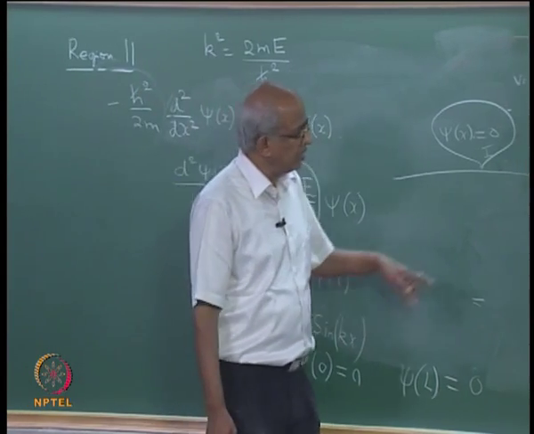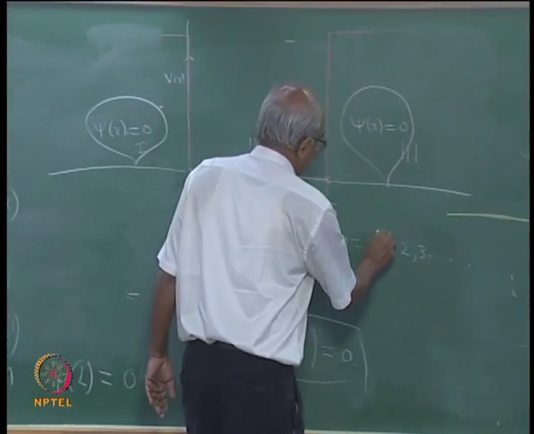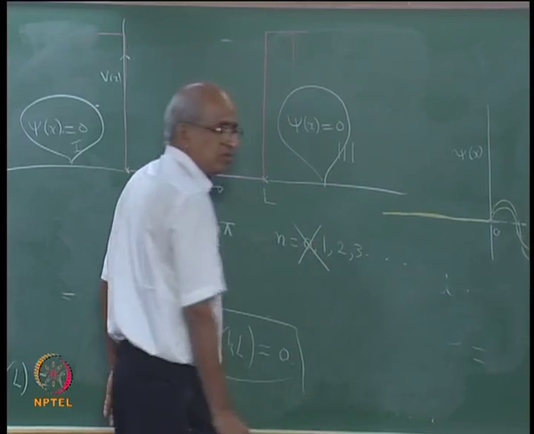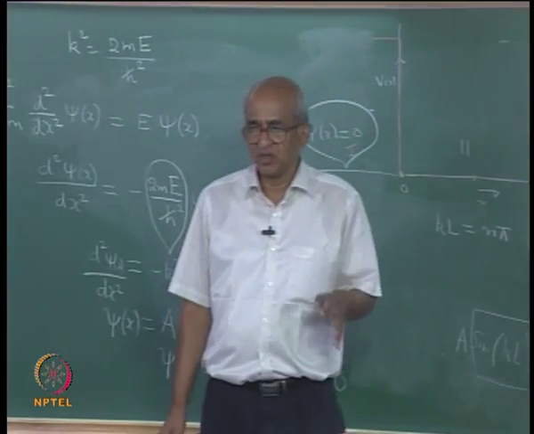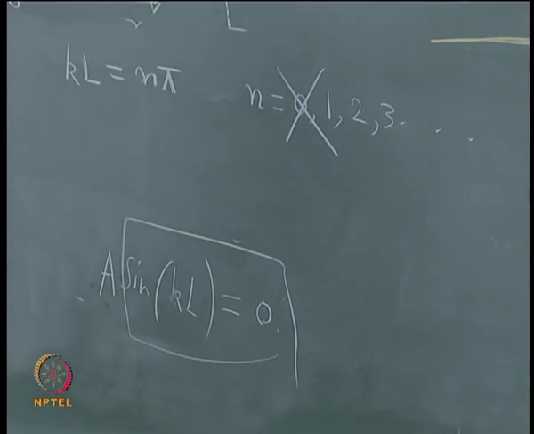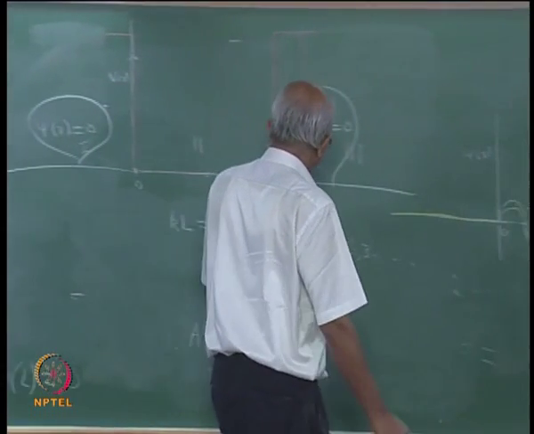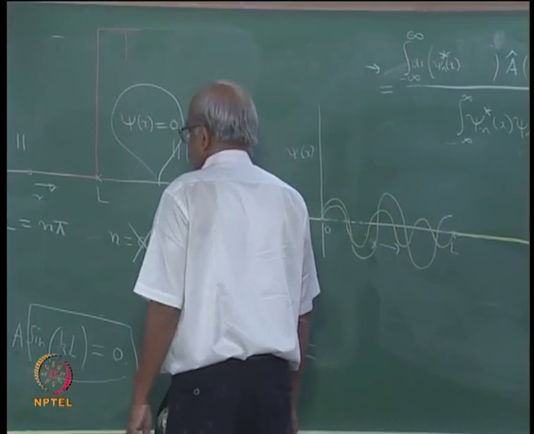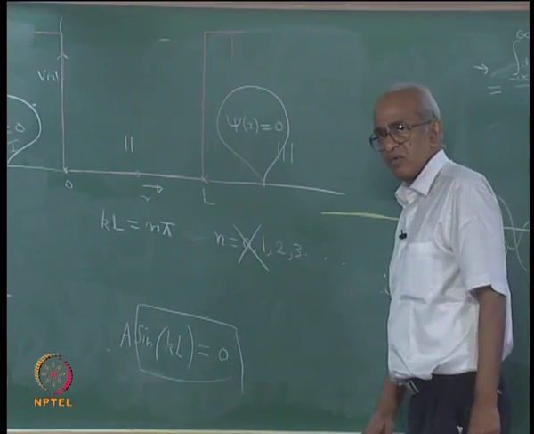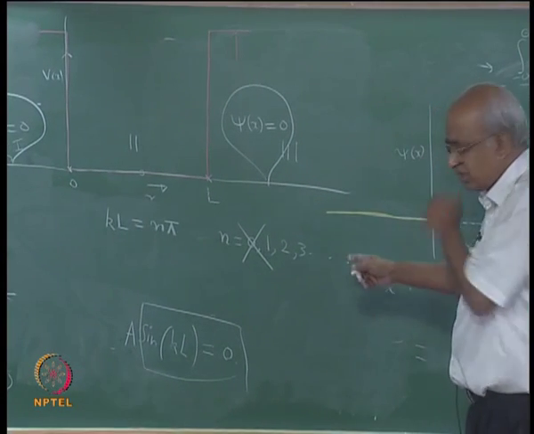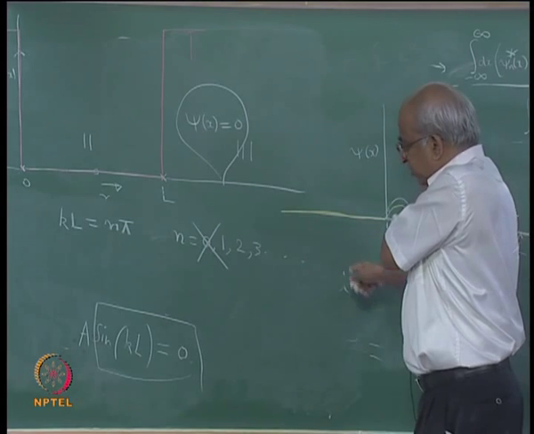So, among these values n equal to 0 itself we are going to omit, because it does not give me an acceptable answer to my problem. So, the only possible values of n are 1, 2, 3, 4, 5, 6, etc. n has to be an integer, taking the value 1, 2, 3, 4, etc.